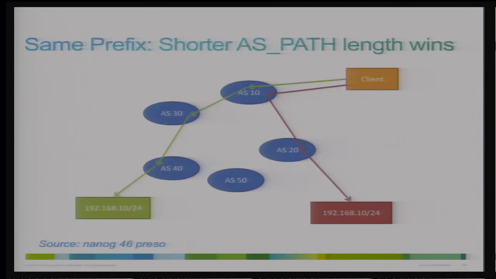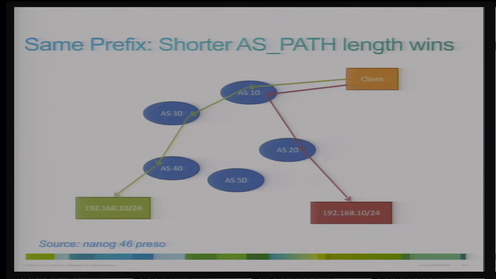So let's look at this particular case. Let's say you have a client, which could be a PC, essentially, which is a customer of AS10. And let's say AS20 advertises 192.168.10.24.